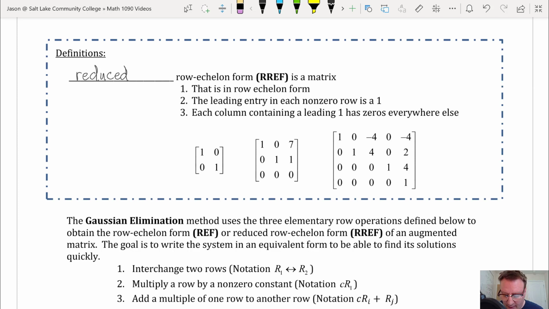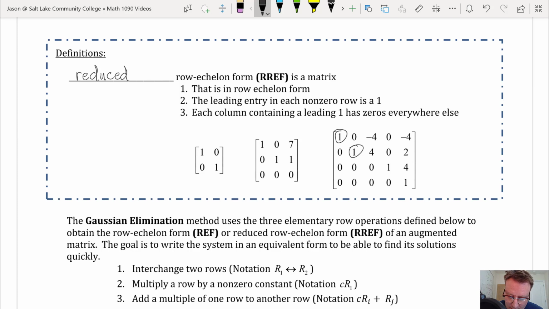Okay, this other matrix here, is this in reduced row echelon form? Well, here's the leading 1 for the first row, and indeed it's the only non-zero element in its column. So far so good. This is the leading entry for row 2, and it is the only non-zero entry in its column.